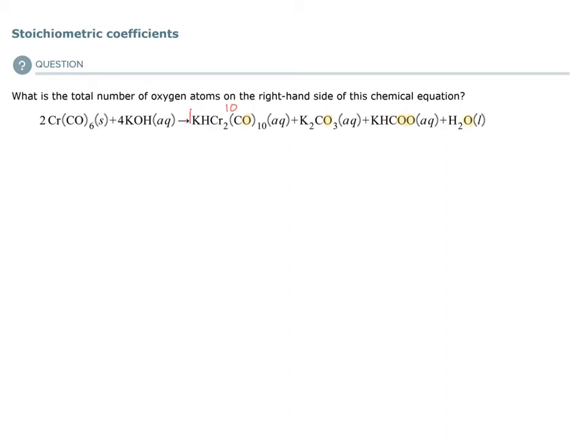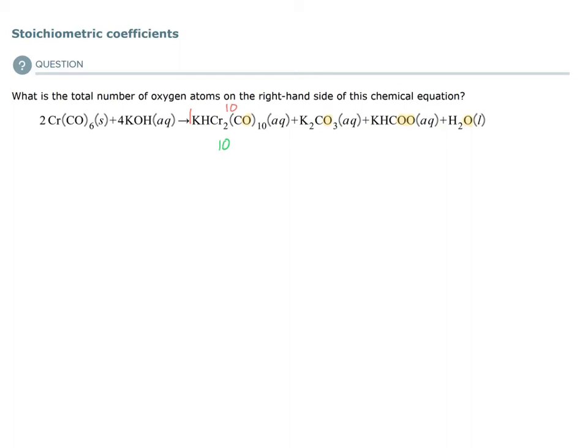It's not written, but it's assumed to be a 1. So the total number will always be the number of individual atoms multiplied by the stoichiometric coefficient. The number of oxygen atoms we have in this one product is 10. Multiply 10 times 1, that's still 10. So our total, let's write our total in green, would be 10.